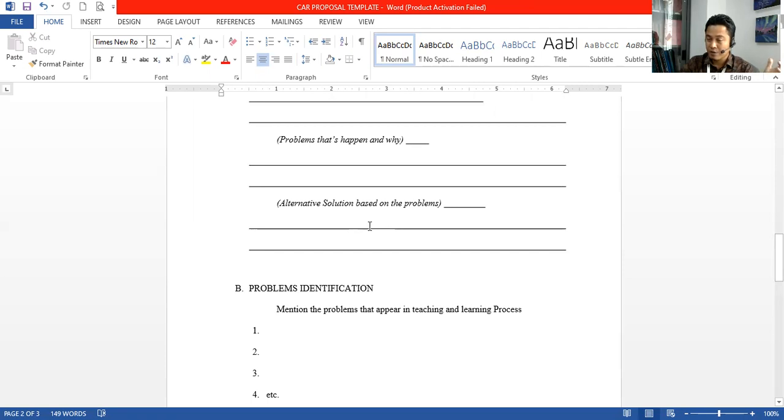So for your alternative solution based on the problem, for example, your problem is about speaking skills. You have to choose what kind of learning model, what kind of strategy, and then what kind of learning media and learning material you're going to use to solve the problems faced by the teacher and also the students.